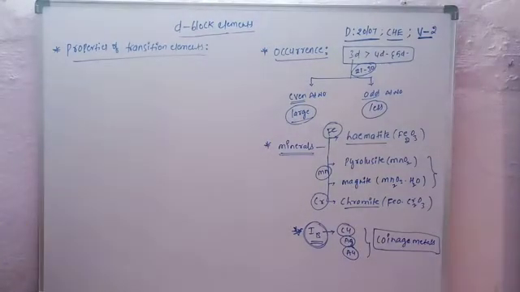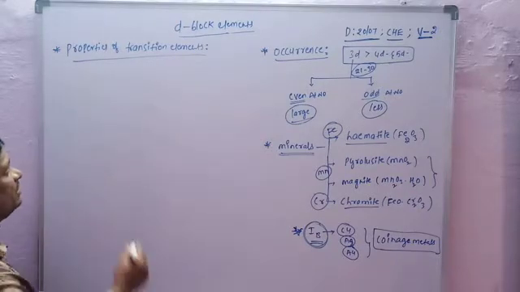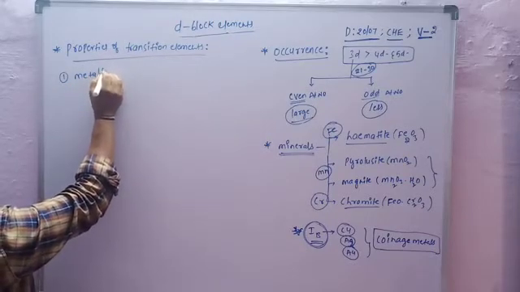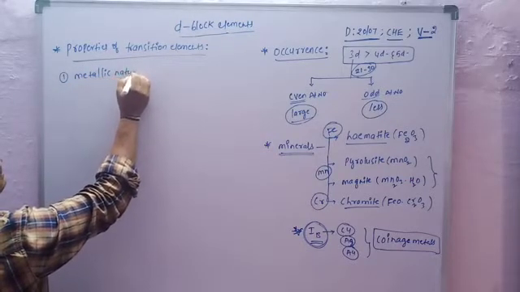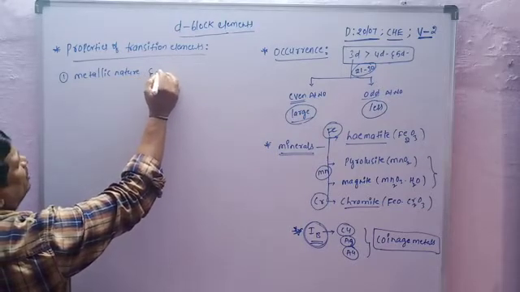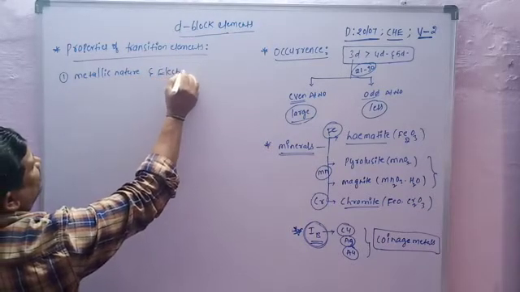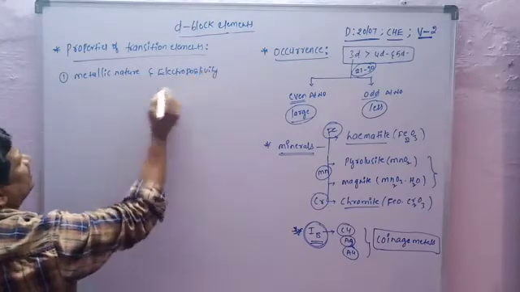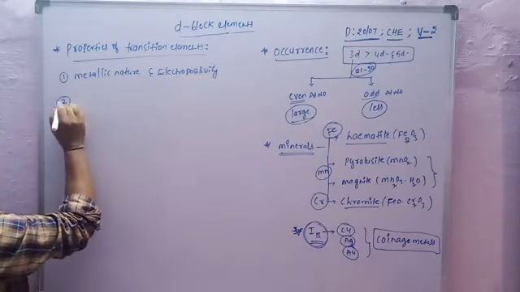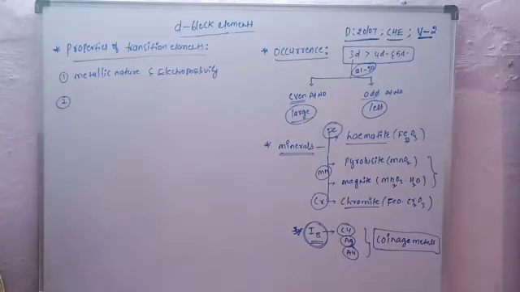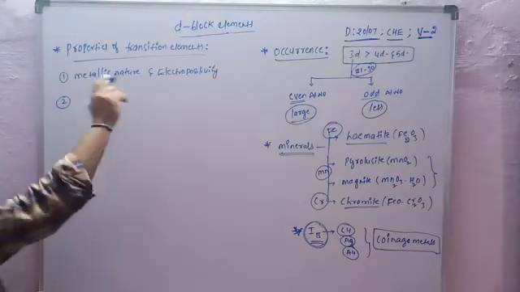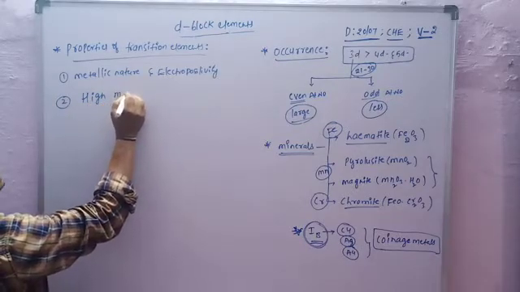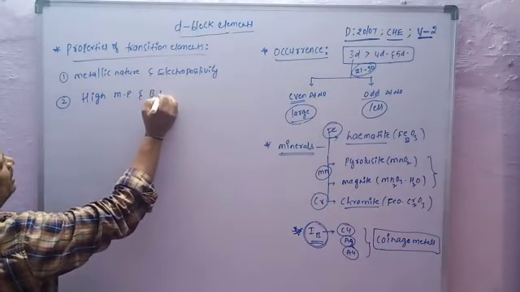Mainly, number one is metallic nature and electropositivity. The second one is high melting points and boiling points.